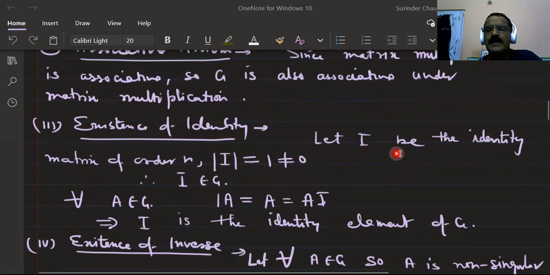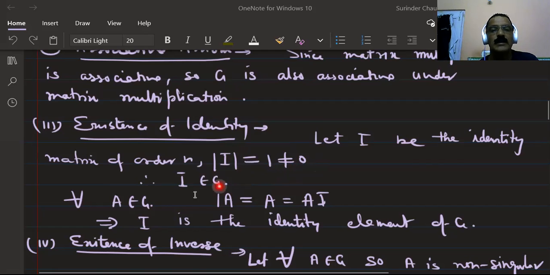Let I be an identity matrix of order n. Does I belong to G? It is a square matrix, yes, and the elements of I are real numbers, and determinant of I is not equal to 0 because the determinant of an identity matrix of any order is equal to 1.